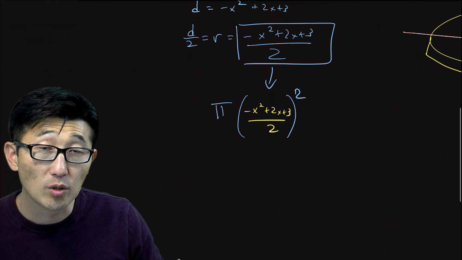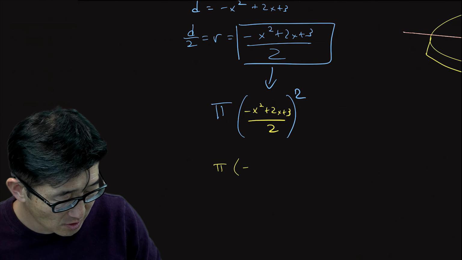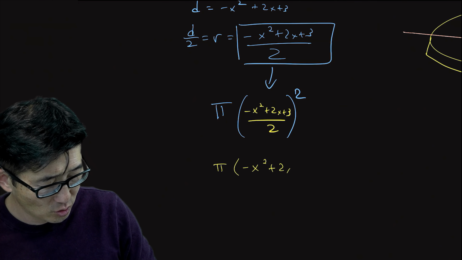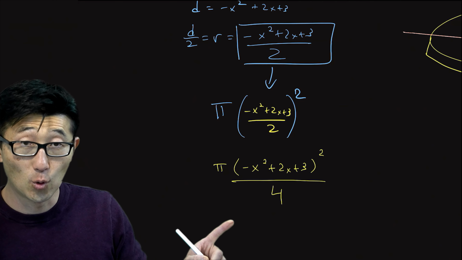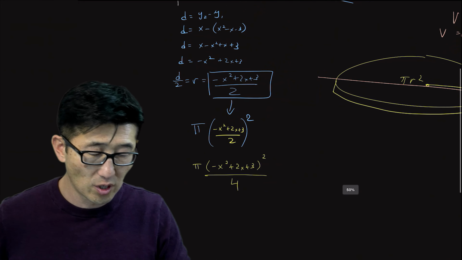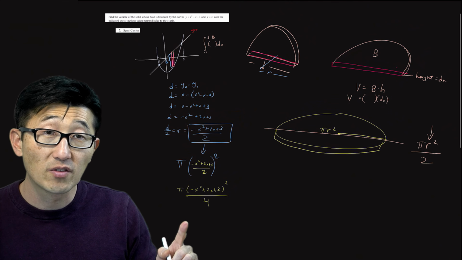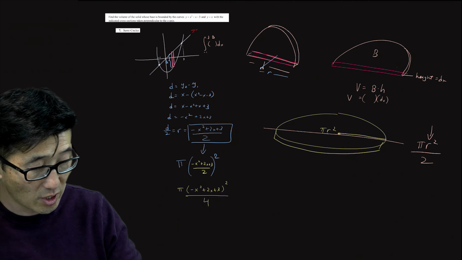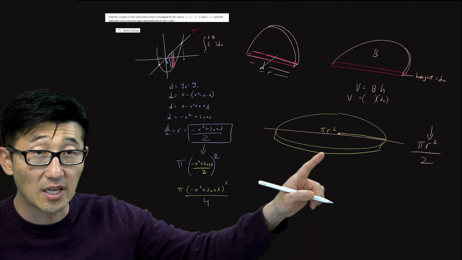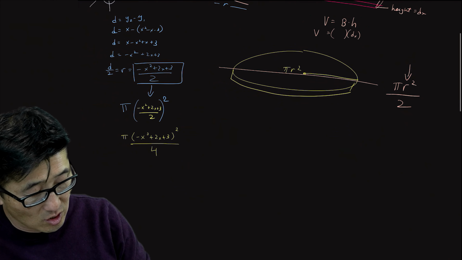And if you square the top and the bottom, this will become pi times (negative x squared plus 2x plus 3) squared over 4. Now, this is where most students will forget. This is pi r squared, but this is the area of the whole circle. Notice that you have to divide the whole thing by 2.